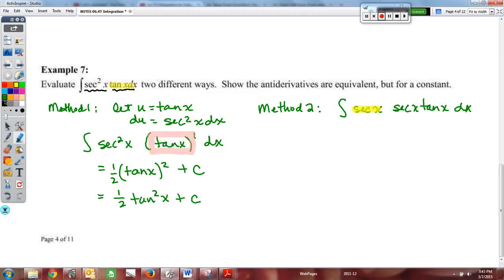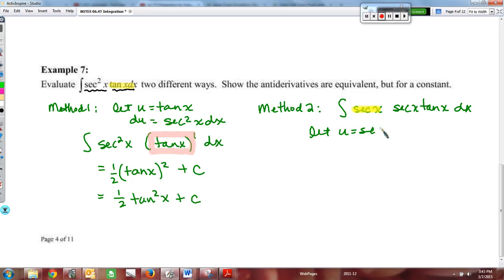So I'm going to let my u equal secant of x, then my du is going to be the secant x tangent of x dx. So I keep that in mind.